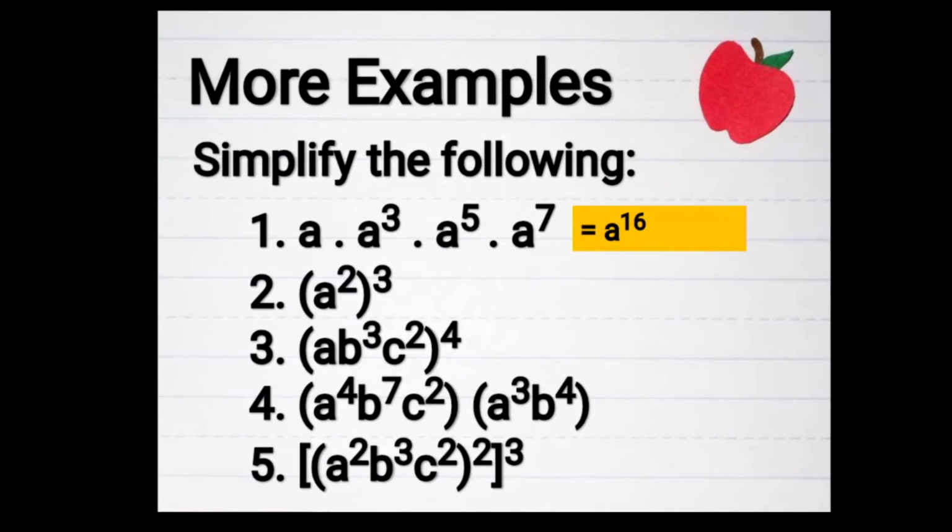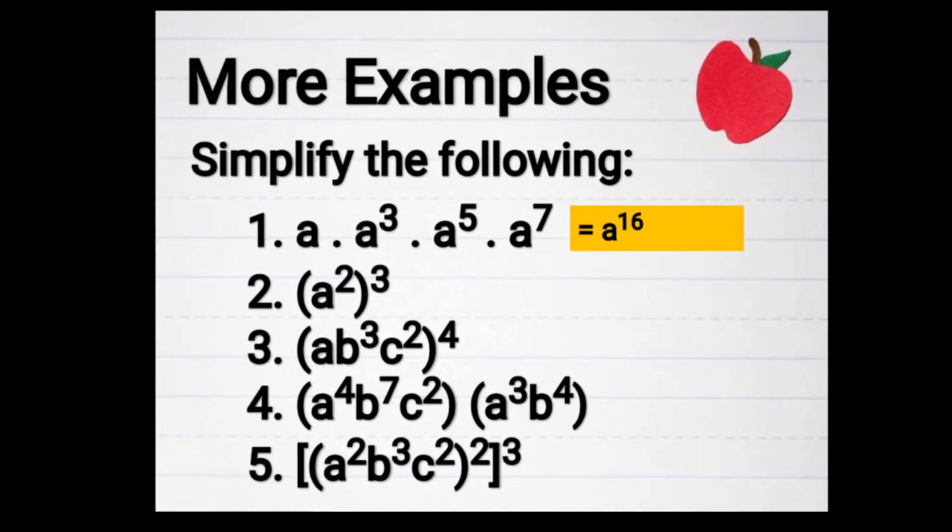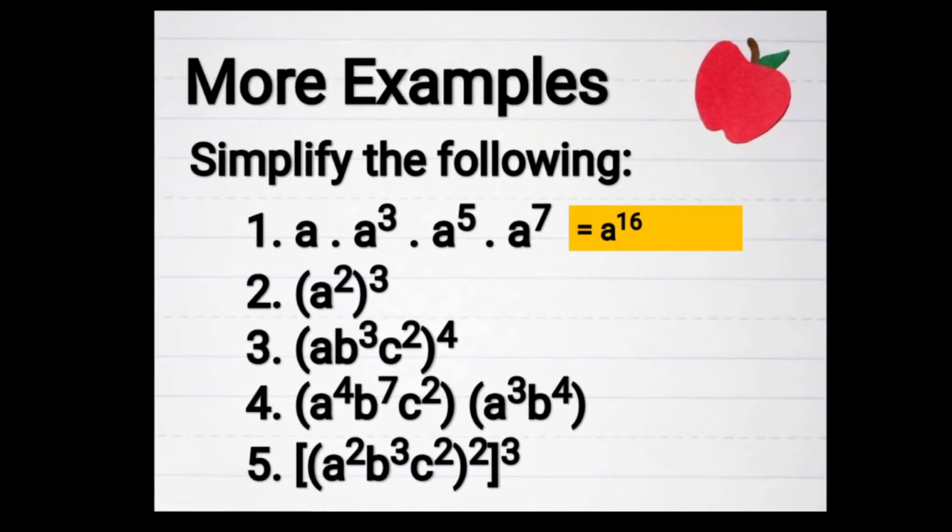Then for number 2, as you can see, we have parentheses, and we have an exponent outside the parentheses. In this case, we can apply the second law, which is the law for power of a power. Okay?